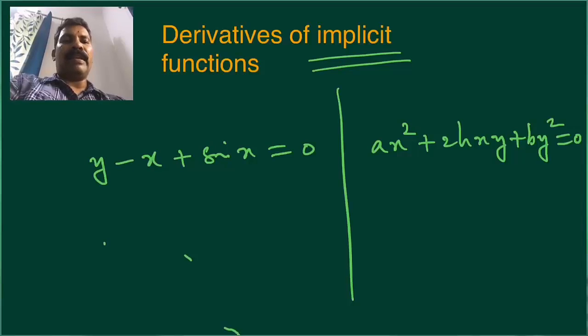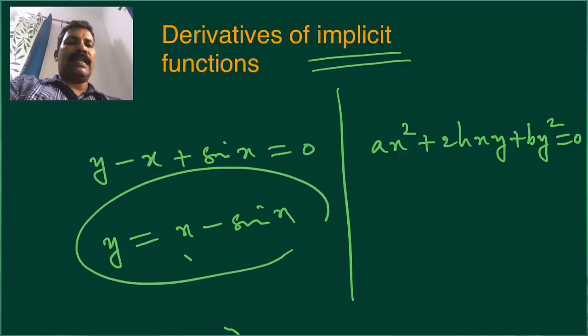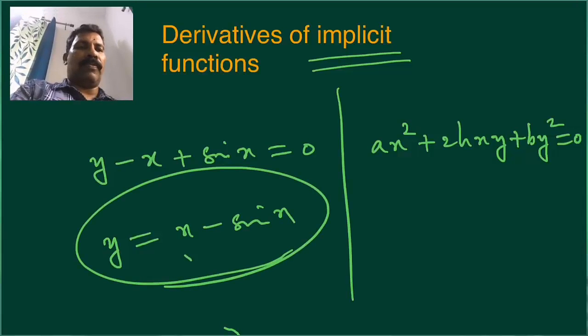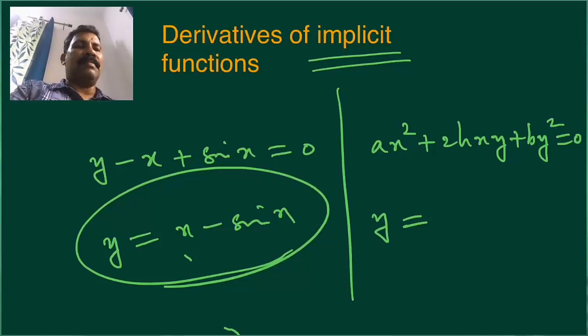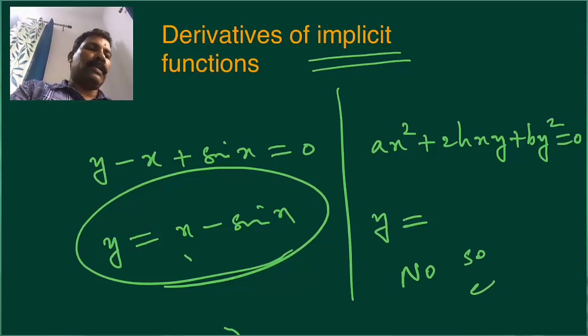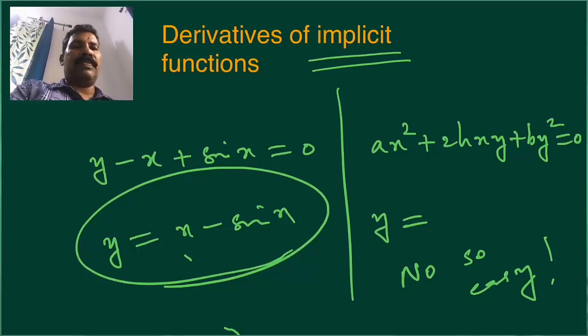But in the first case, we can easily find y in terms of x, that is like this. Whereas in the second case, though x and y are related, it is not so easy to express y in terms of x.